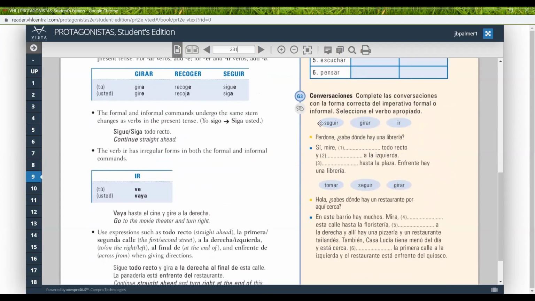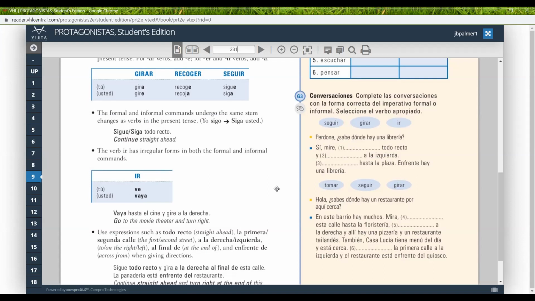You have to first decide which verb goes where, and then you have to decide if it's going to be a formal or an informal command. So just pay attention to how they've conjugated things before, and that should give you a clue there, you know.